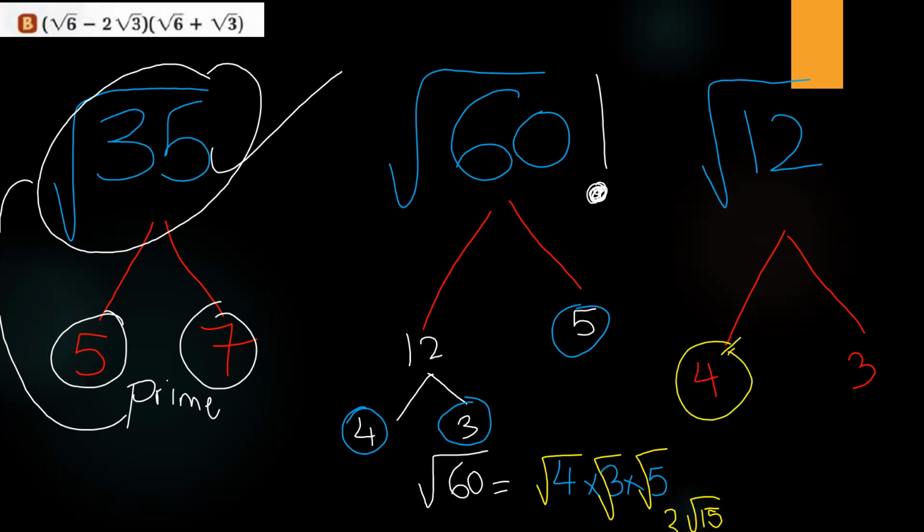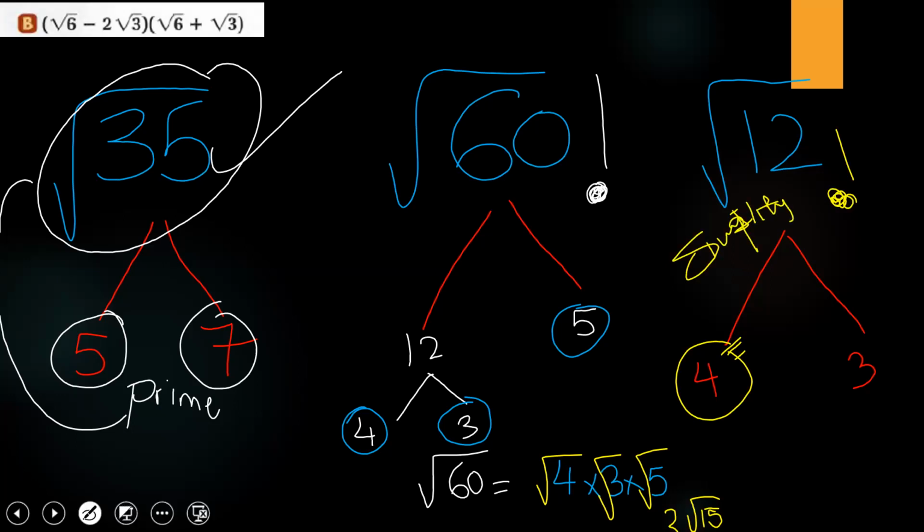So since 4 is not a prime number, I have to simplify it. But here, no need to simplify 3. I have to stop at a prime and perfect square number.